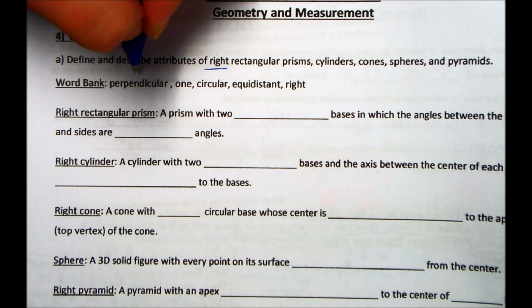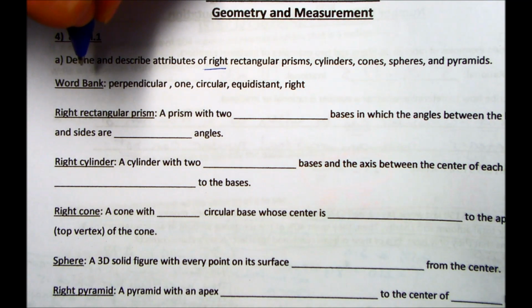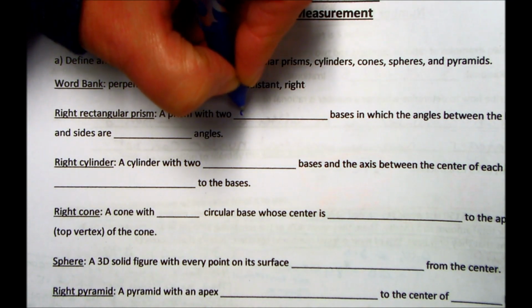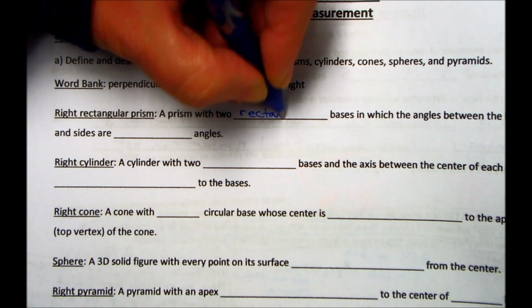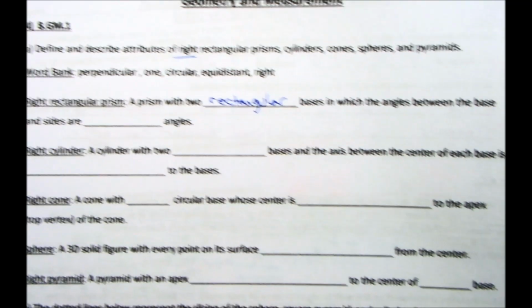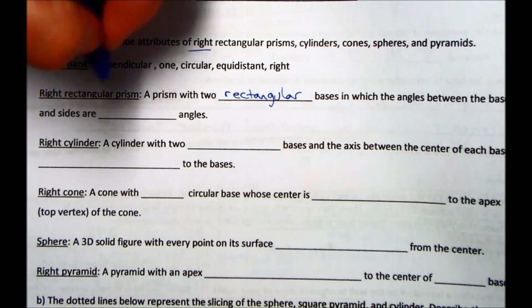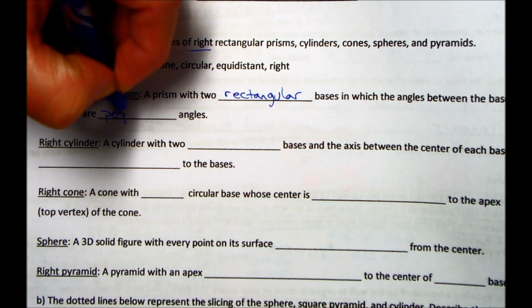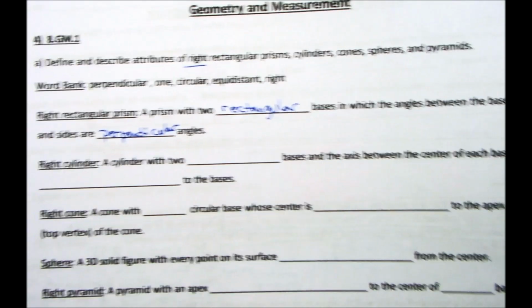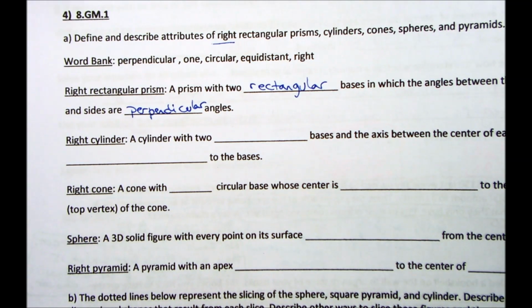I didn't put that in the word bank, so I forgot that. A prism with two rectangular bases, in which the angles between the bases and sides are perpendicular angles.